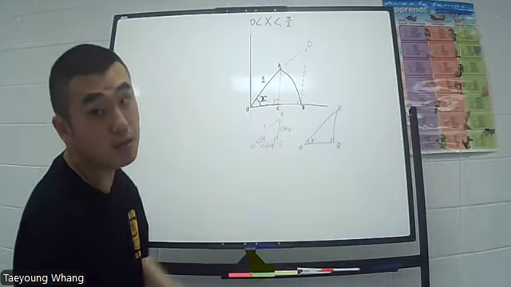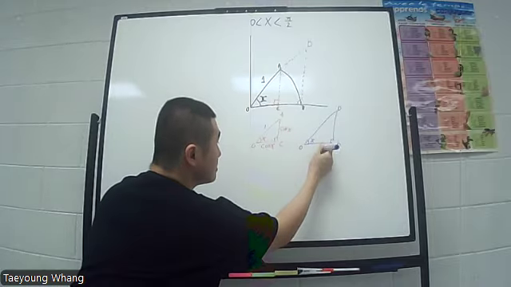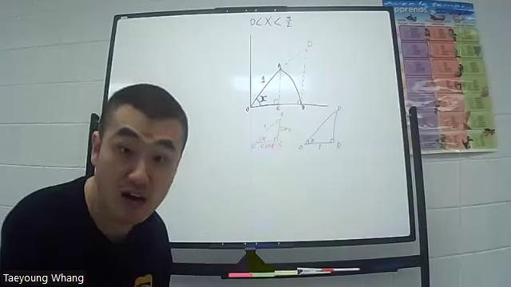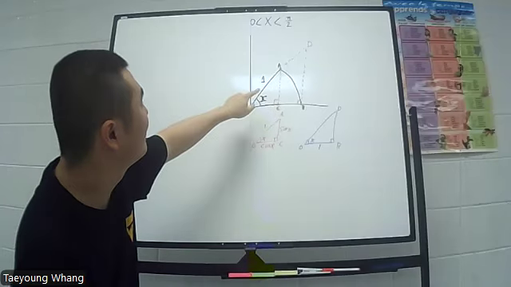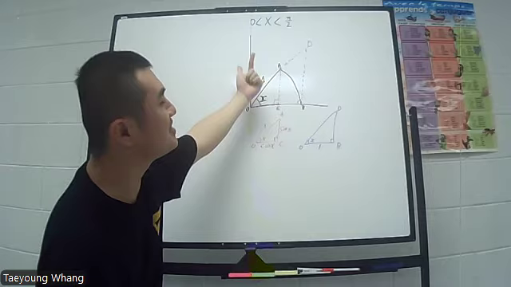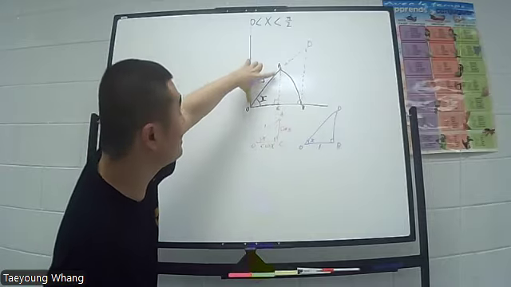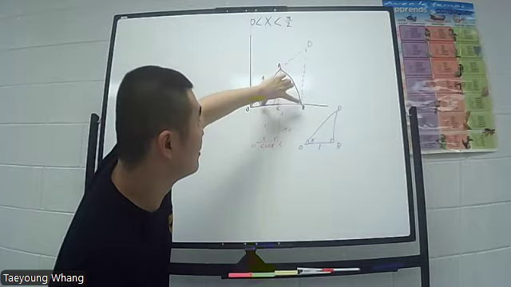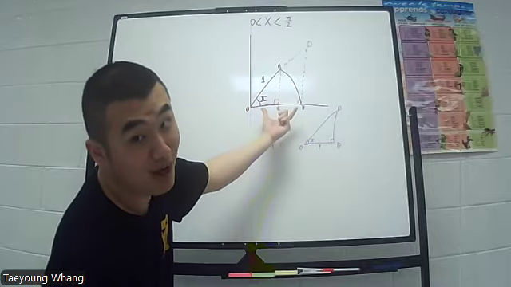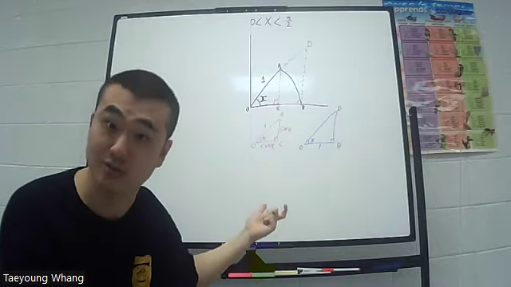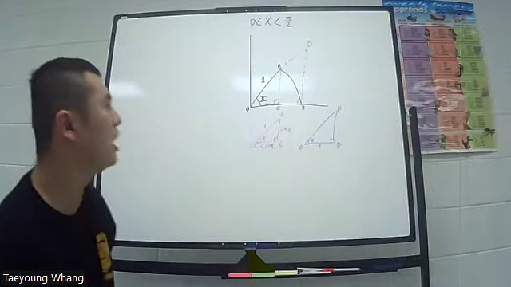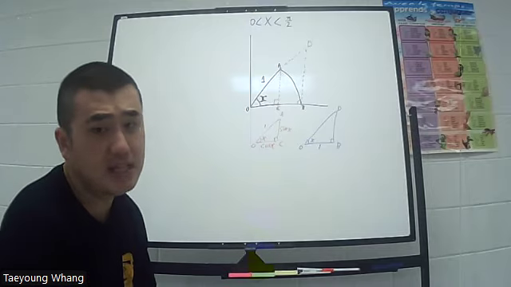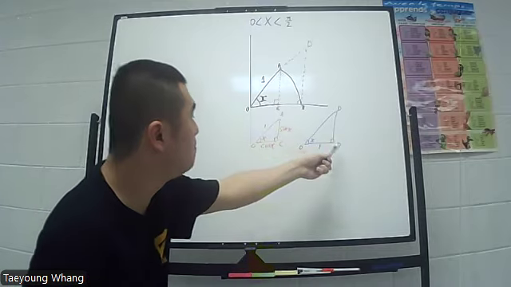OB is 1 because the radius is the same length. If the radius is 1 over here, the radius OB is also 1 by the definition of circles. So my OB is 1. Then what is the length of BD?